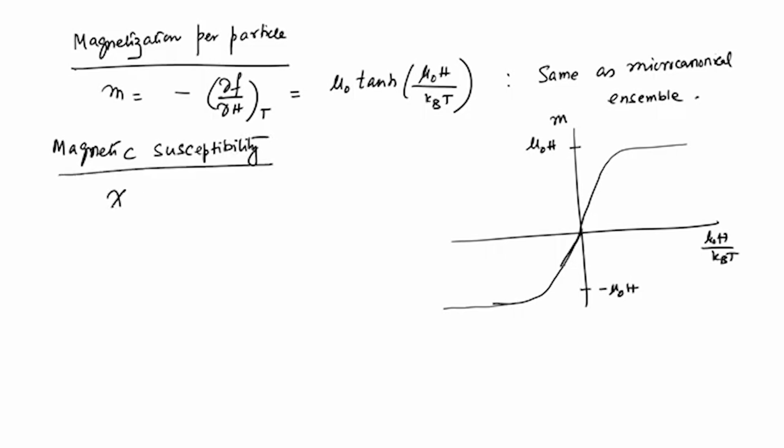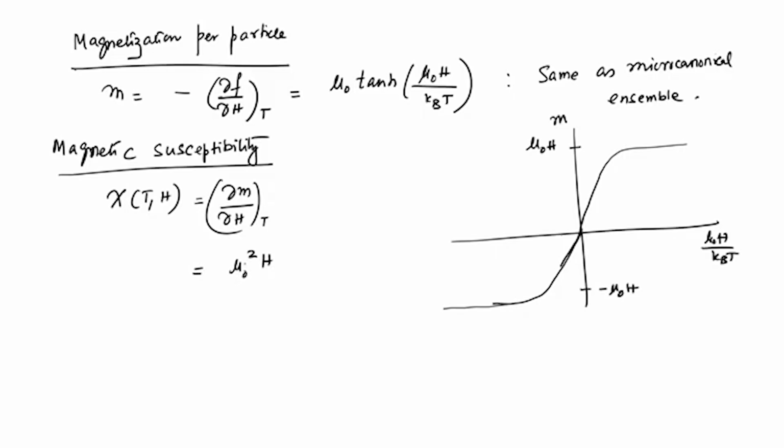And magnetic susceptibility is written as chi of T, H, and this is really del m del H at a given temperature and in the limit H tending to 0. So, for very small fields.